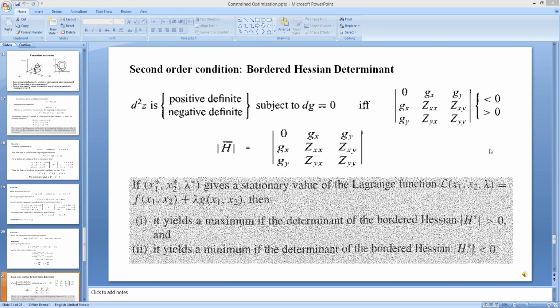Next, I'll repeat a similar thing for negative definite. d square z being negative definite indicates principal minors alter in sign starting with negative.